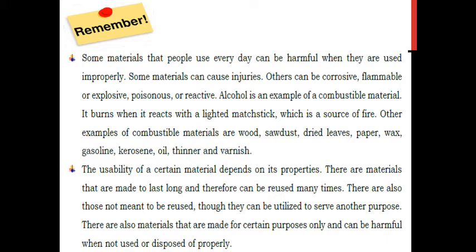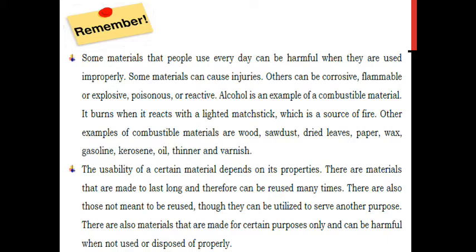Then, other examples of combustible materials are wood, sawdust, dried leaves, paper, wax, gasoline, kerosene, oil, thinner, and varnish. So, dapat mag-ingat sa mga bagay na yon, sa mga materials na yon, because they can cause injuries or damage.